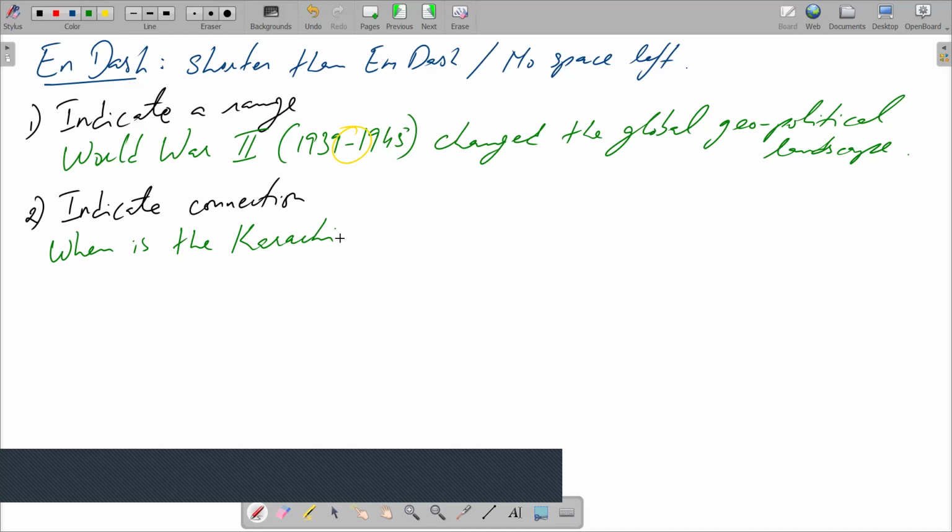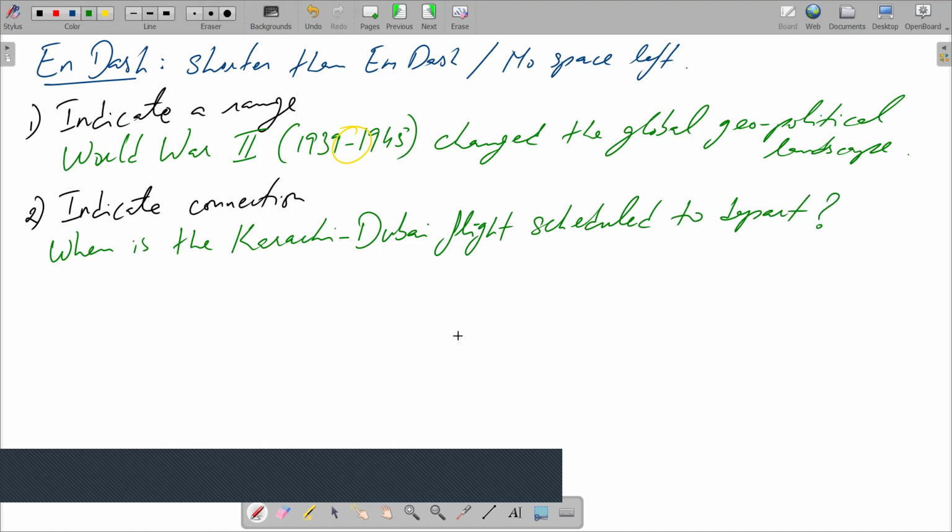Right? I'm just assuming it's going to happen in Dubai. When is the Karachi-Dubai flight, right, scheduled to start? Right, and so this is showing a connection between the fact that the flight is moving from Karachi to Dubai. All right.